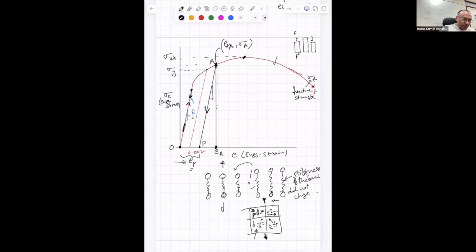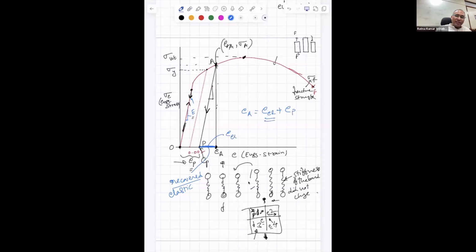But when I have unloaded, this is the plastic strain, EP. Meaning, during unloading, this much strain is recovered. That is what we call elastic recovery, elastic strain. So much elastic deformation is there in the total deformation. So the total strain EA can be written as elastic strain plus plastic strain. And this is my elastic strain.